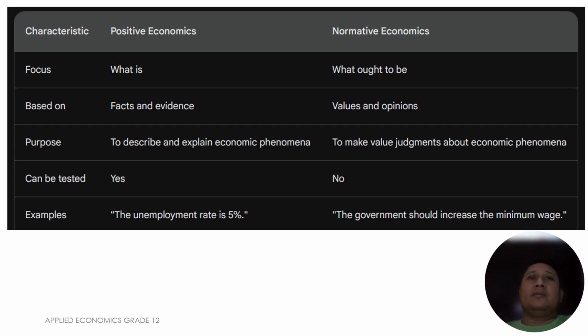An example: the statement that the unemployment rate is 5% is a fact, because there is a basis for it. But normative economics would say, hey, the government should raise wages. But we don't know why wages should rise, because if wages go up, what is the effect on unemployment? Because it's an opinion. Okay? Hope this helps in identifying positive and normative economics.